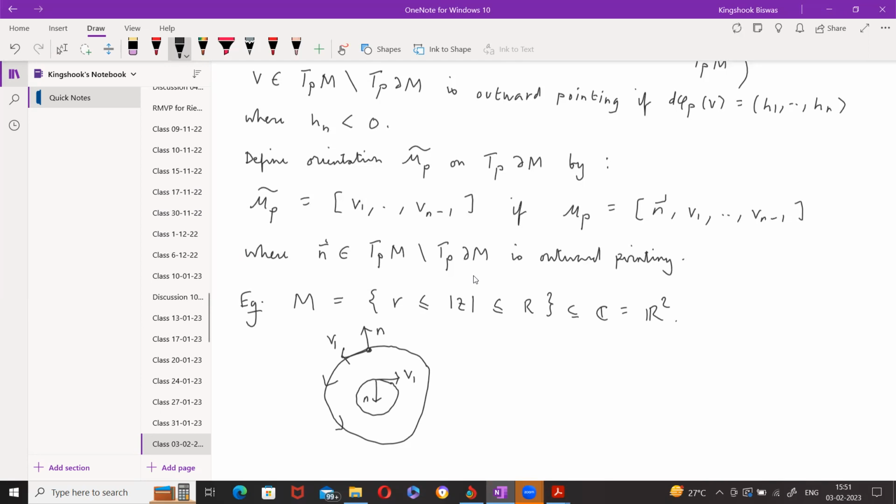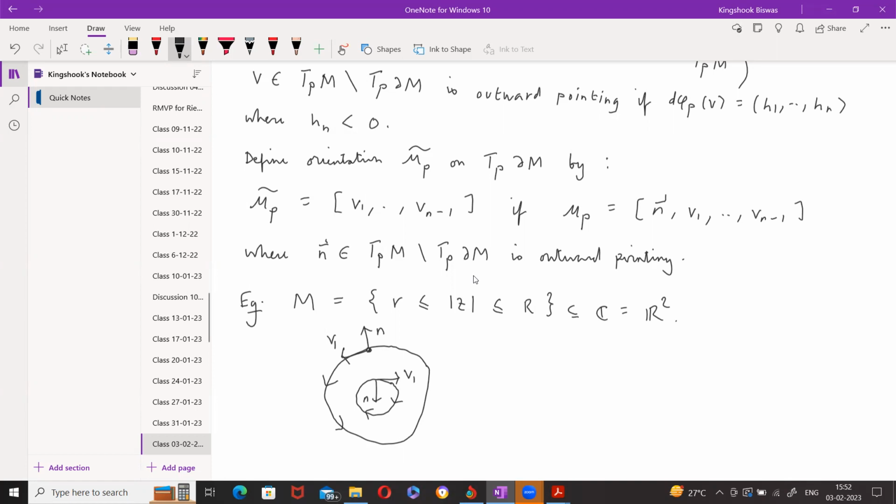Is this clear? So then my orientation on this boundary component will be going clockwise. Is it clear? Yes, sir, it is clear. So this is the induced orientation on the boundary.